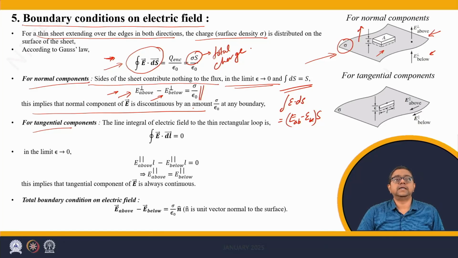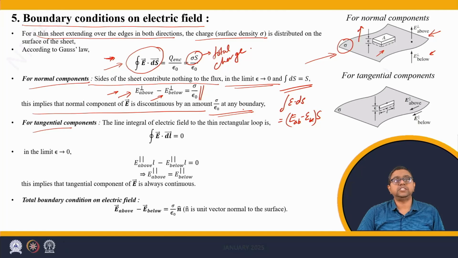This implies that the normal component of the electric field is discontinuous across a thin sheet carrying a charge density sigma. This discontinuity is by an amount sigma by epsilon naught at the boundary.